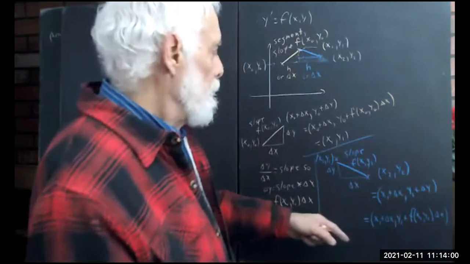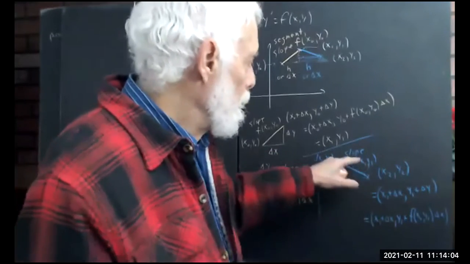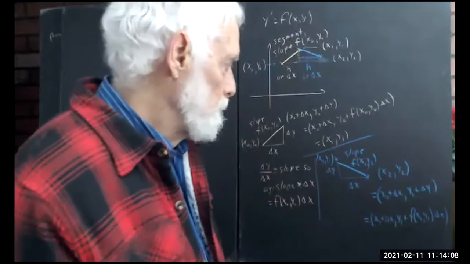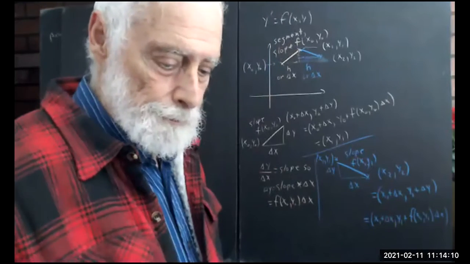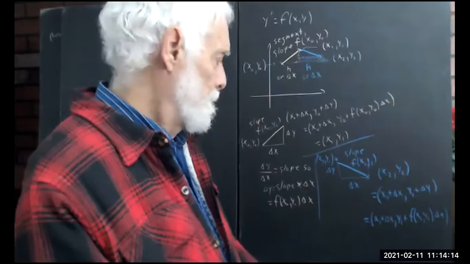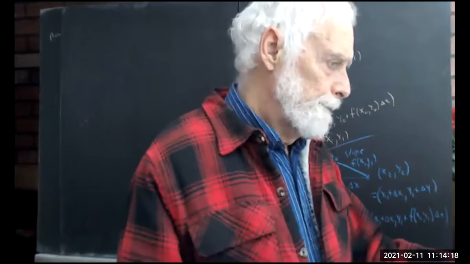And of course, the delta y is going to be, again, slope times run, or f of x1, y1 times delta x. So there we have it. Okay, really simple. Do you agree? Seems simple enough.